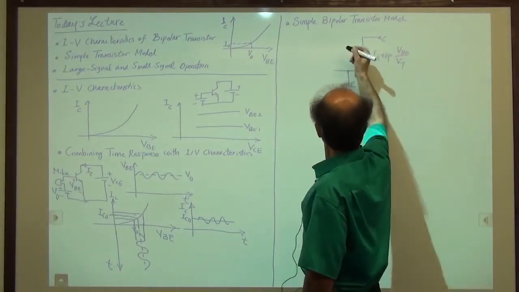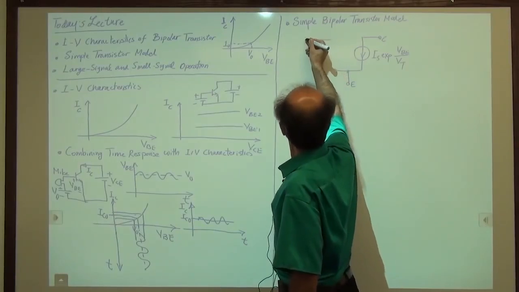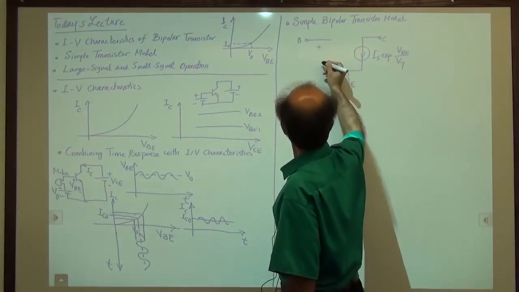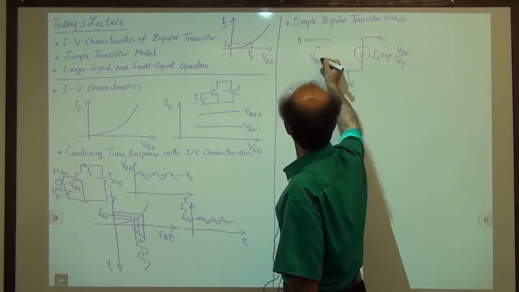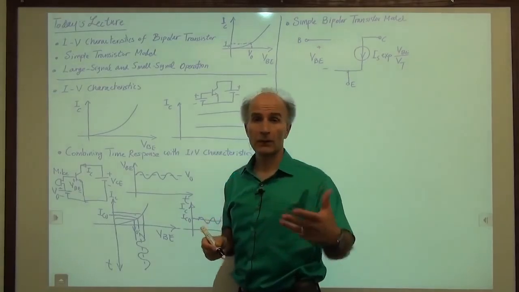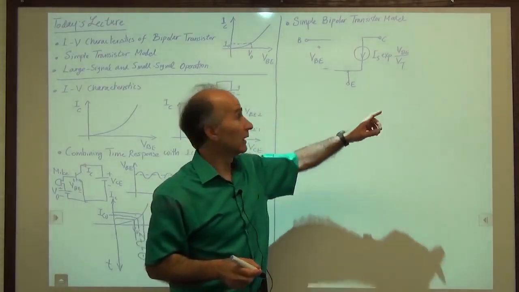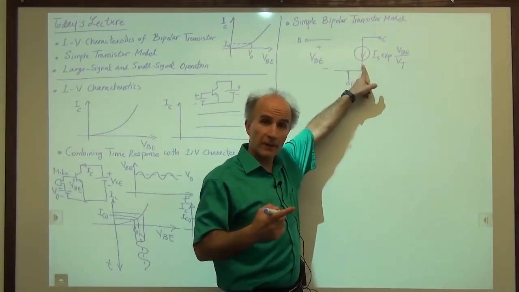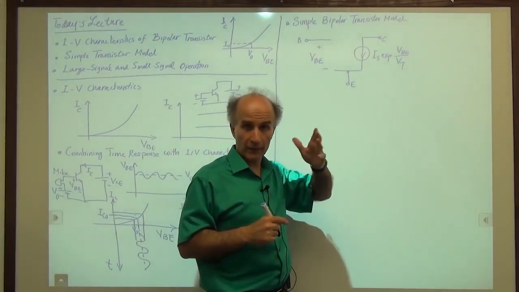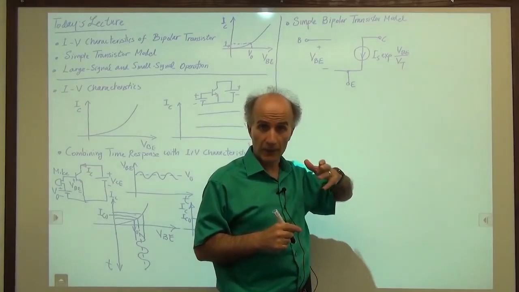Okay, where is VBE? VBE is the voltage between the base and the emitter, right? So we'll call this VBE.